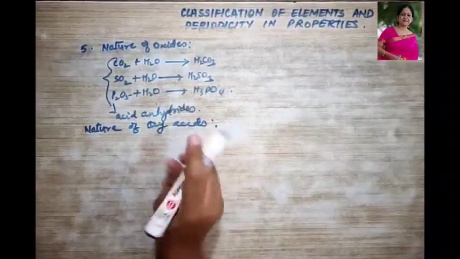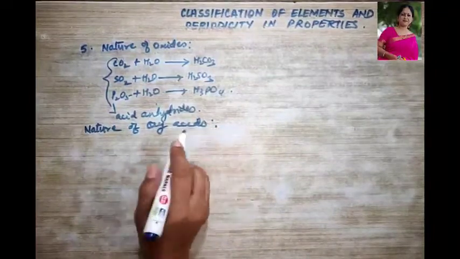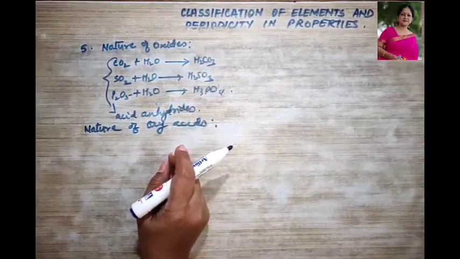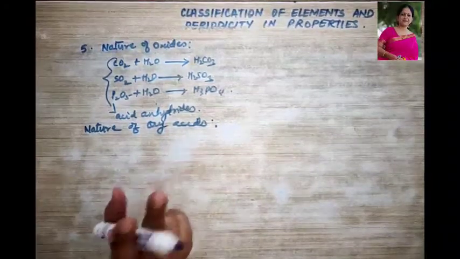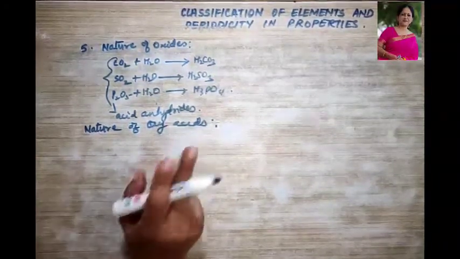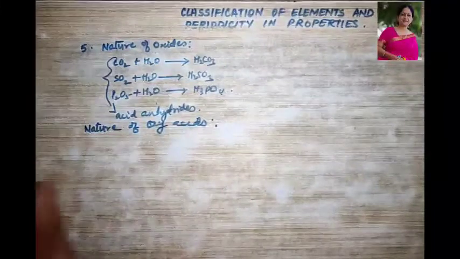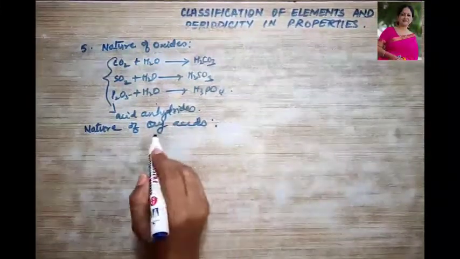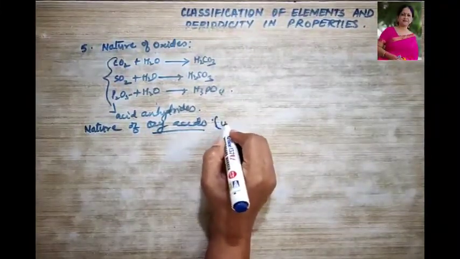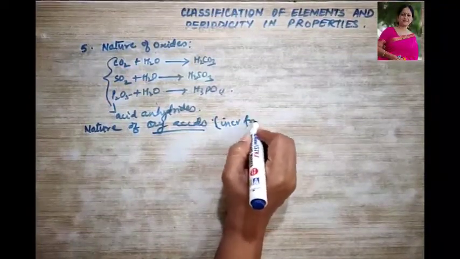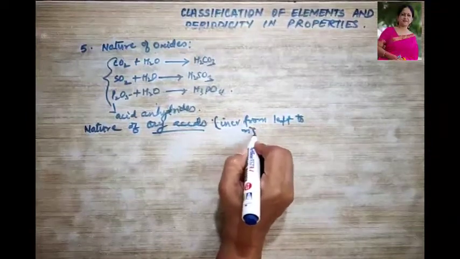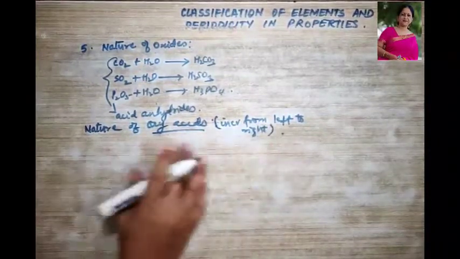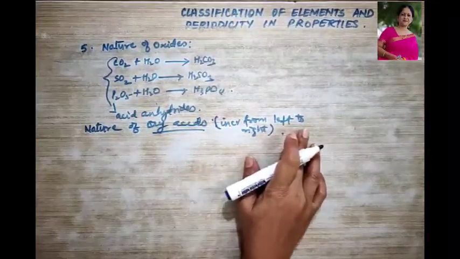I hope you know what oxyacids are, all those acids which contain oxygen in them. So let us understand their trend. The strength of the oxyacids formed by non-metals increases from left to right.